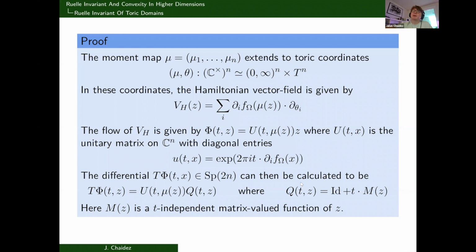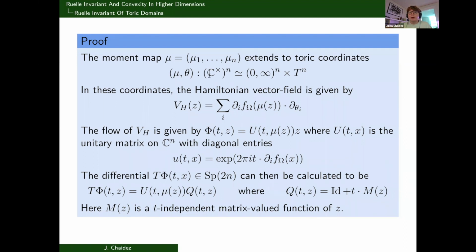The way you should think about this is that rotation in the θ_i coordinate is unitary rotation in the ith C factor of C^n. So this is saying that the vector field rotates in each C factor in a manner proportional to the ith derivative of the function, and that rotation is a function of the location on the moment domain.